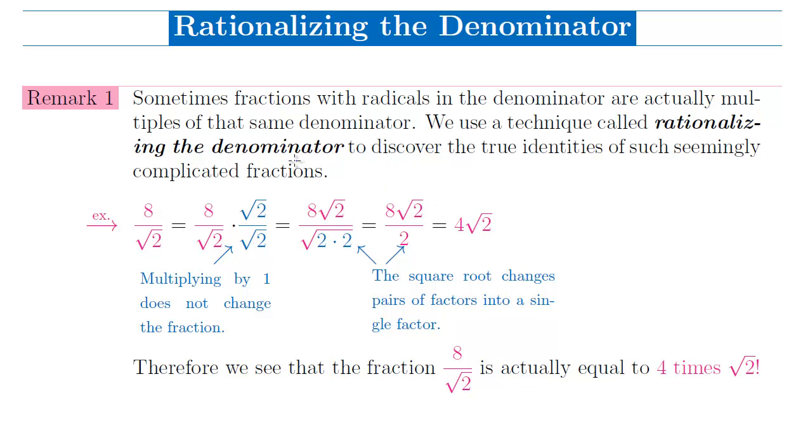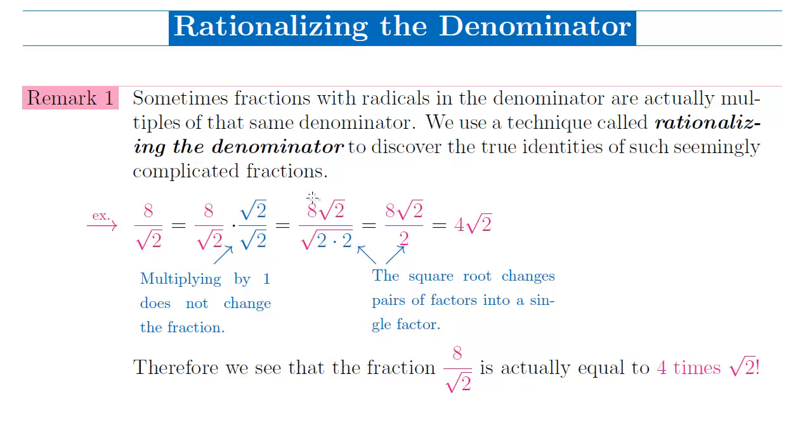in the numerator. So for example, on the 8 divided by root 2, the way to remove the square root from the denominator is to multiply top and bottom by root 2. Now that's not going to change the fraction because you're multiplying the same thing on top and bottom, but what's going to happen is on the bottom you'll come up with a root 2 times root 2, which the square root will take that pair of 2's and change it into a single 2 without a square root.